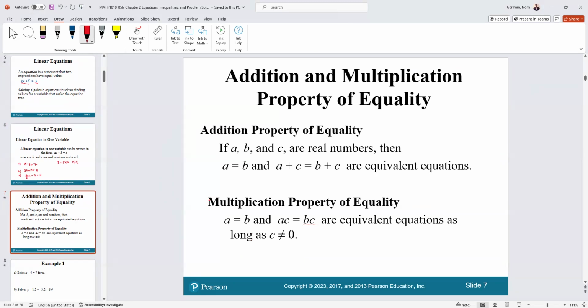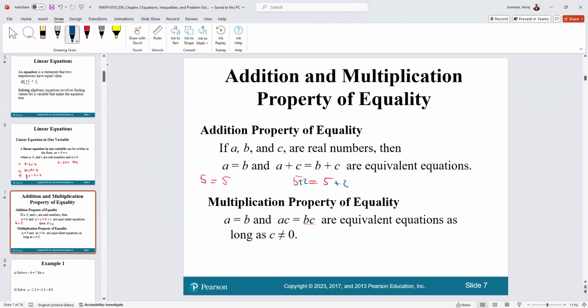For example, if I have 5 equals 5, and I decide to add 2 to both sides, the equation is still the same. 7 equals 7 gives me the same.